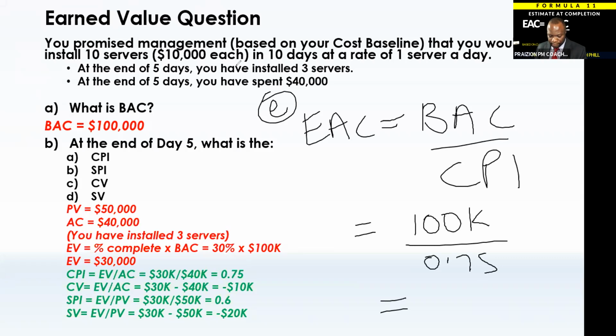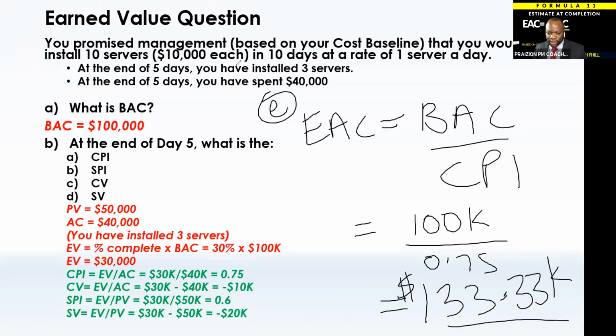So if we use our calculator, what do you get? 100K divided by 0.75, 75K, is it? 100 divided by 0.75 gives you 133.33K dollars, of course.